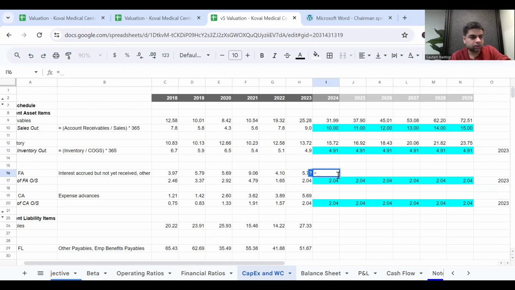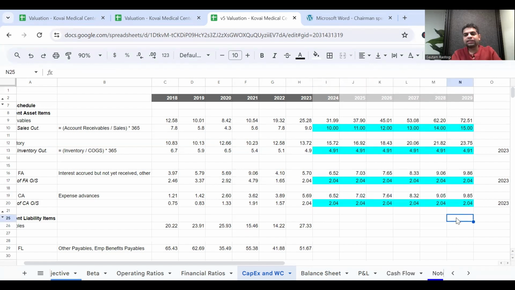Now let me use this number the same way you use the other numbers. If I lock this, then I should be able to use the other number. Let me drag it. So this has been projected out as well.